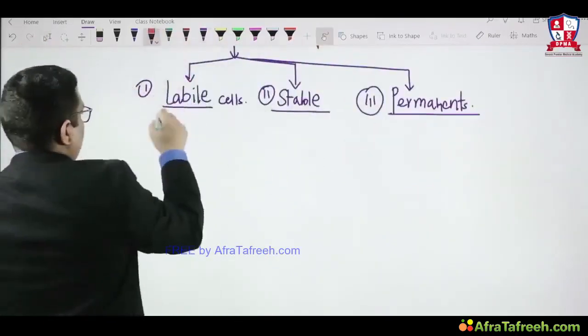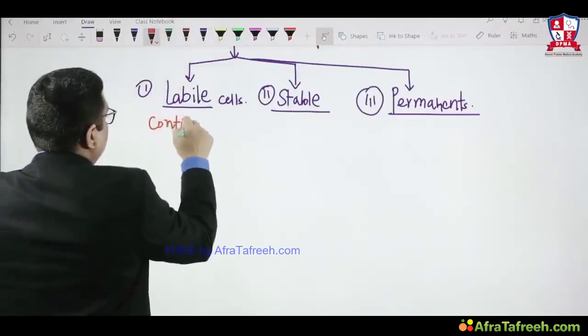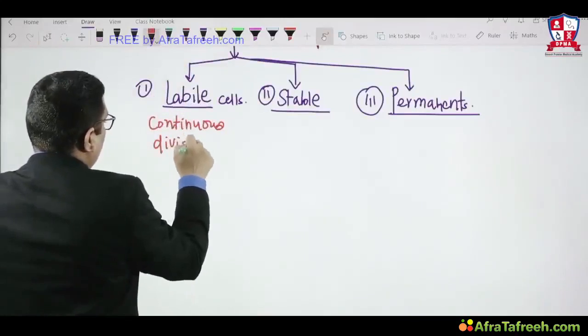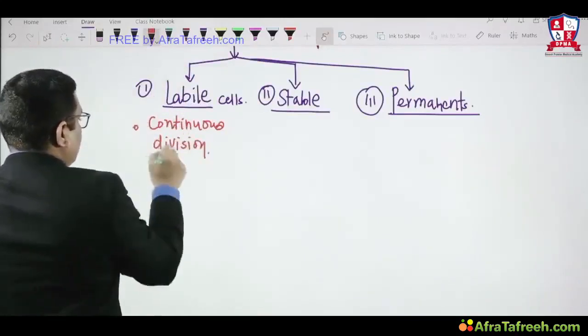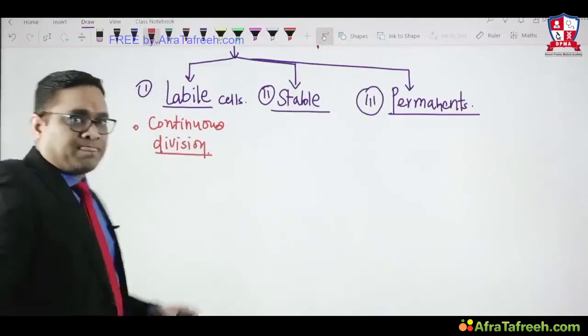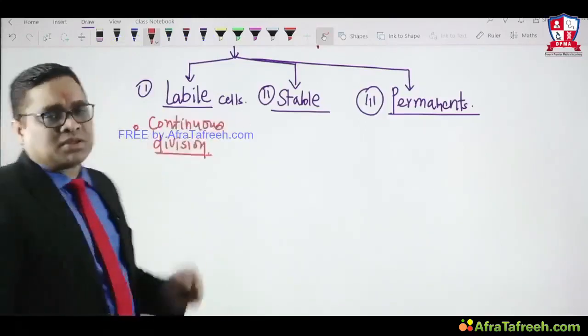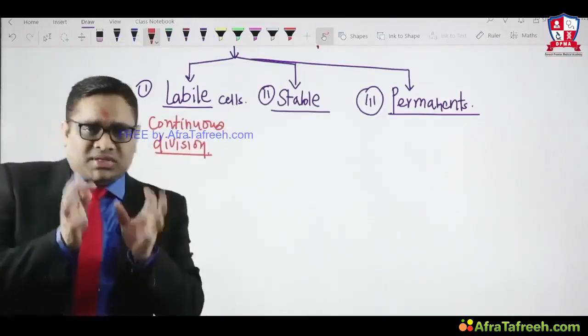These names are informative. Labile cells will be continuously dividing throughout life. They are called labile cells, right? Stable cells means they are stable.